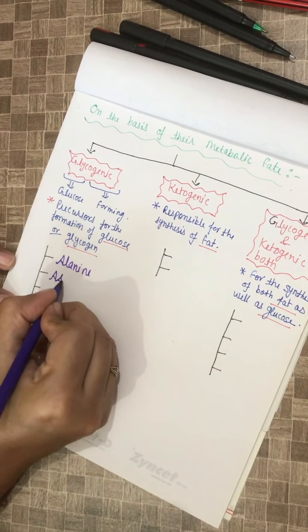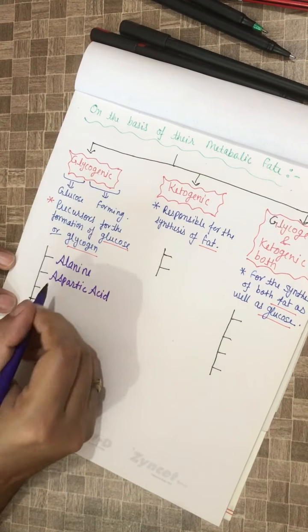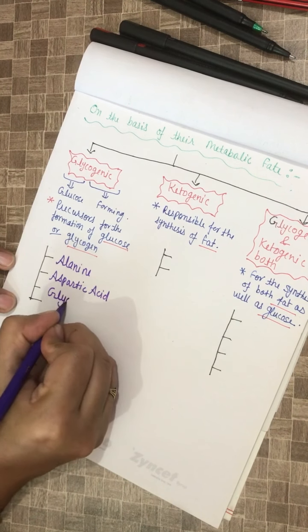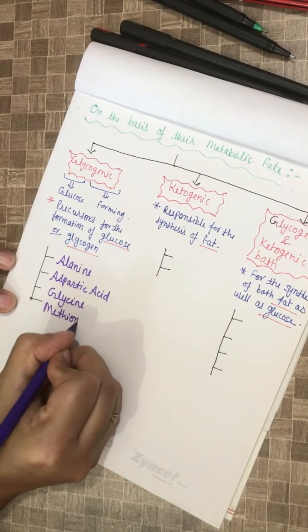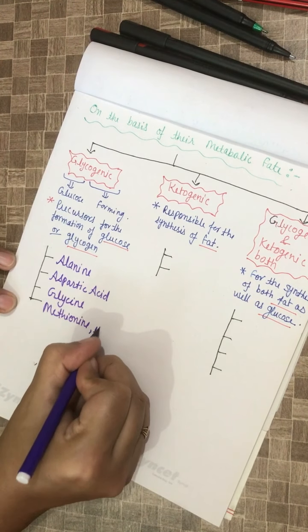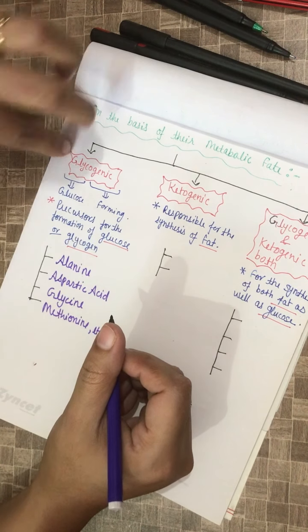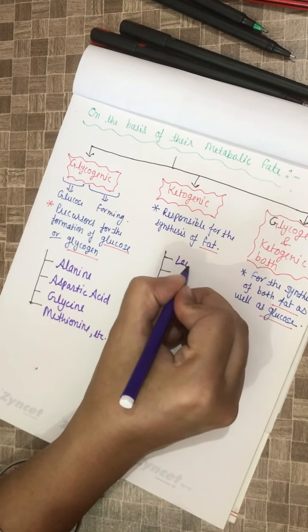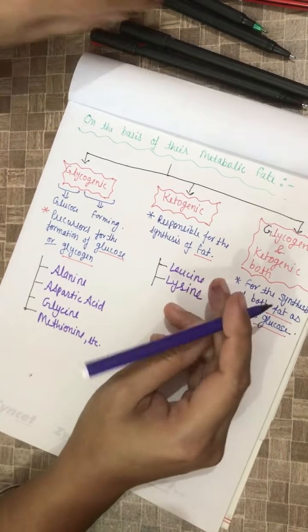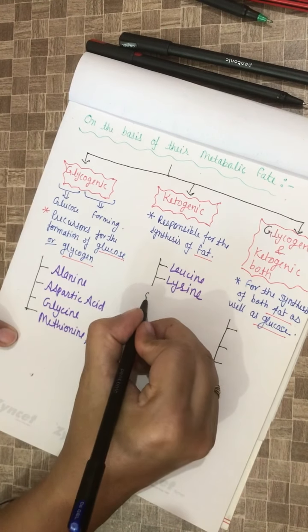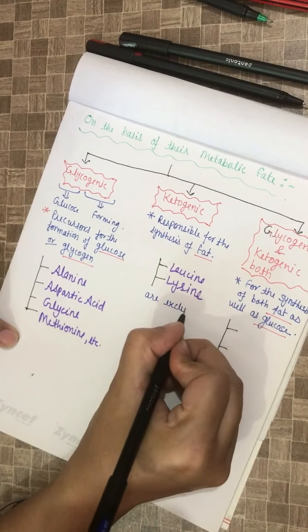Alanine and aspartic acid, glycine and methionine, etc. come under the category of glycogenic. Leucine and lysine are exclusively ketogenic.